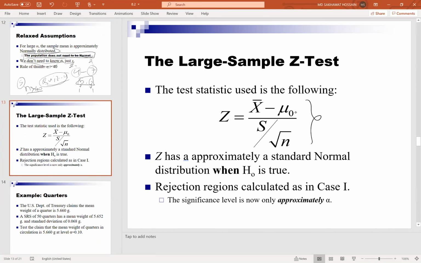This distribution doesn't exactly follow the normal distribution since sigma is unknown, so it actually follows t distribution, but n is large, so you can use normal distribution approximation. So the rejection regions will be the same as case 1.